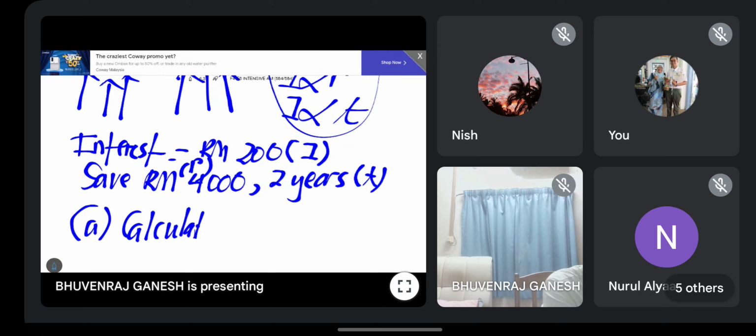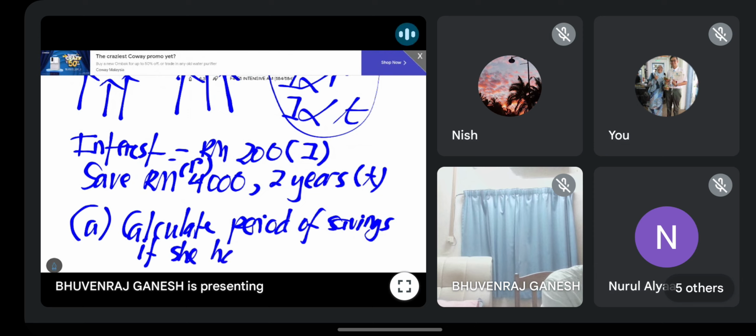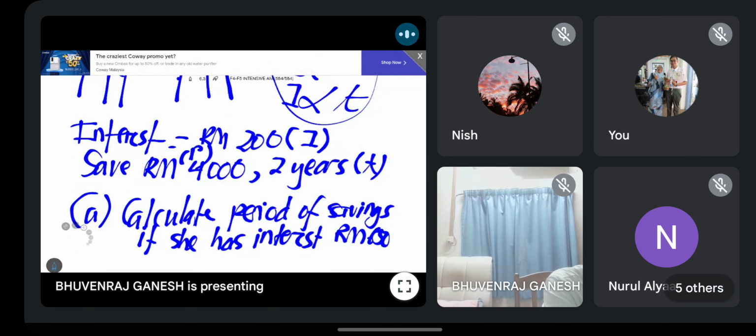Calculate period of saving. Maksudnya cari nilai T lah. If she has interest RM650 with principal RM5200. Okay, so ini adalah struktur soalan dia lah. This how it looks like.